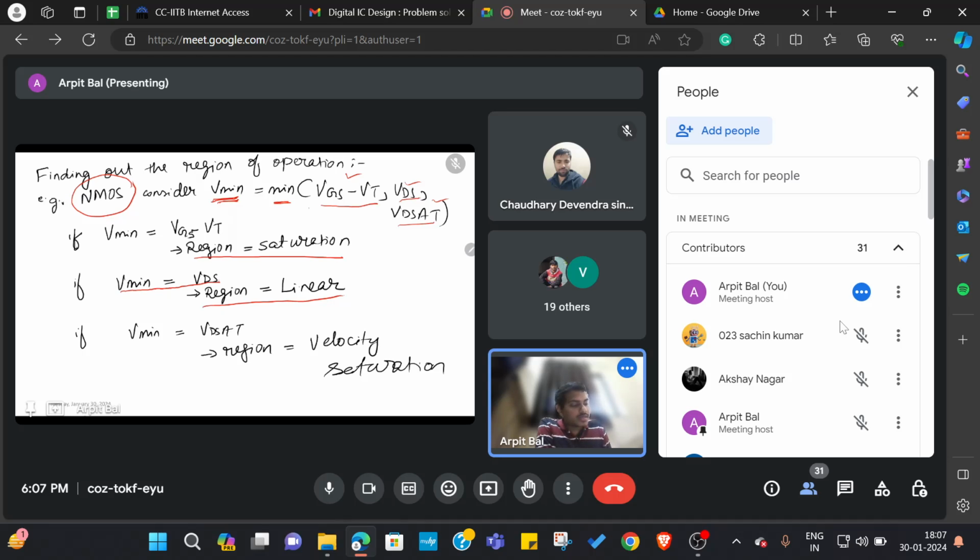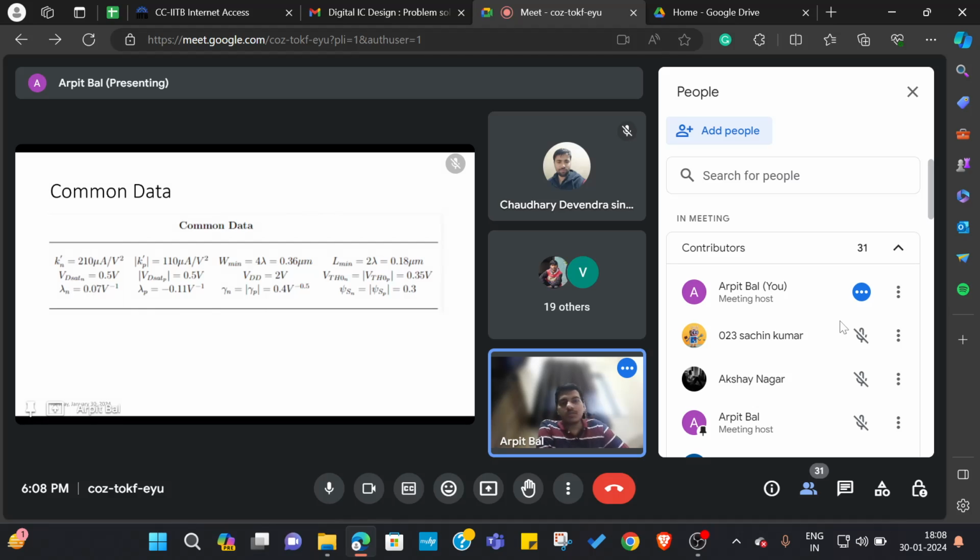If the V minimum turns out to be VD SAT, then the transistor is going to be in velocity saturation region. With this, we can start the problem solving session for today. This is the common data that we will be using. Please note down these values as well.